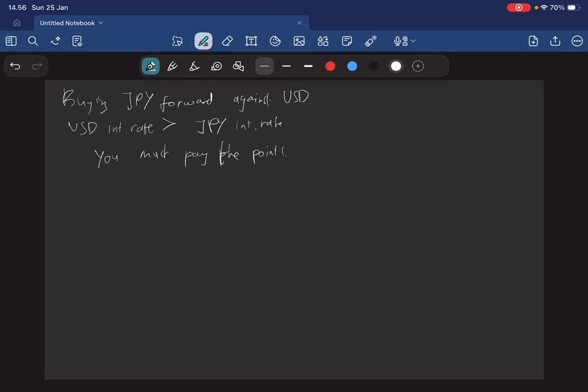This means you will sell the dollar at a lower, less advantageous rate, or fewer yen per dollar in the future.